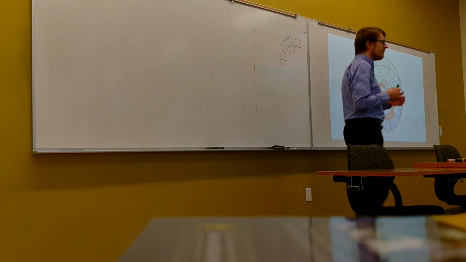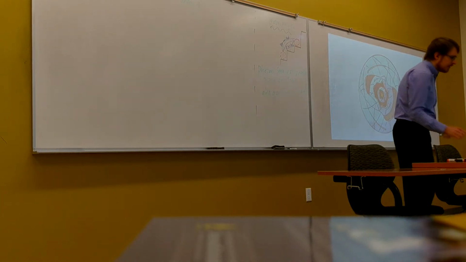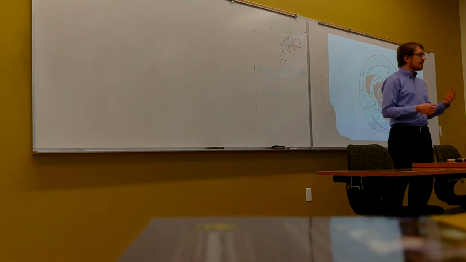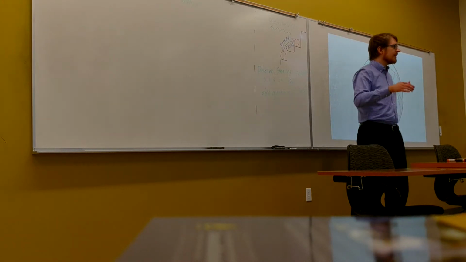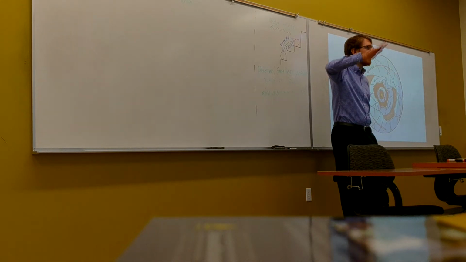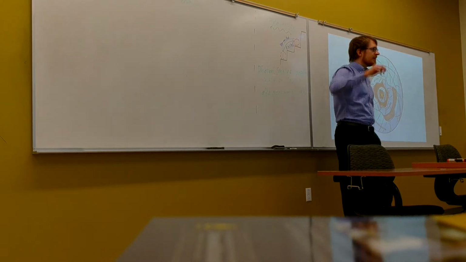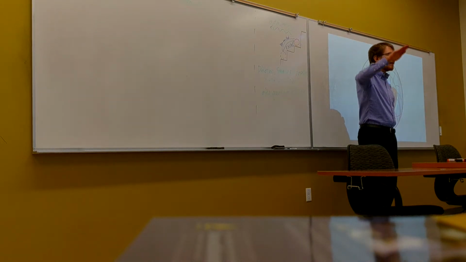So different kinds of light have different frequencies. And bluer light, higher frequency light, is oscillating like this. It's oscillating pretty quickly. It's got a high frequency. Whereas redder light, lower frequency light, is oscillating like this. It's got a much lower frequency.